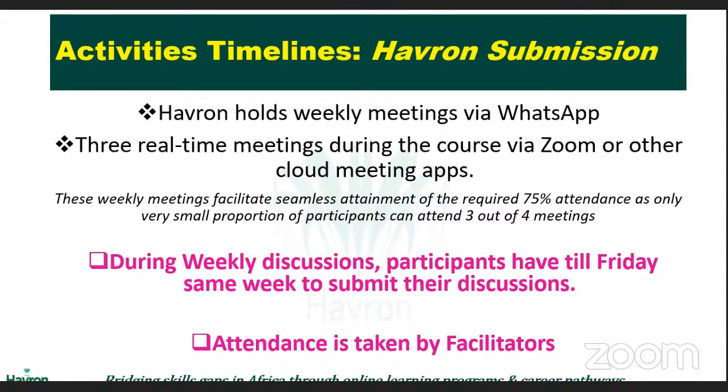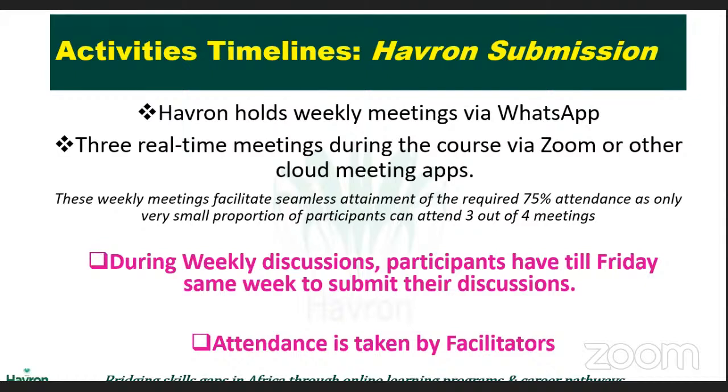Now, during the weekly meetings, participants have till Friday, the same week, to submit their discussions. Remember, I am talking with respect to the Havron submission timelines. So on Monday, if we share any discussion topic, it is expected that participants will respond between that Monday and Friday.